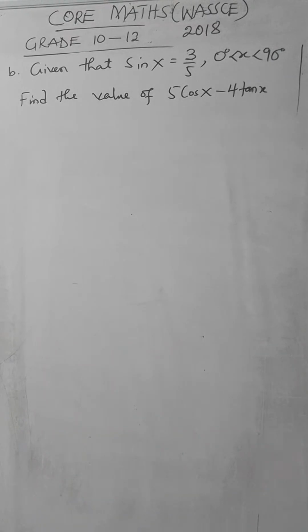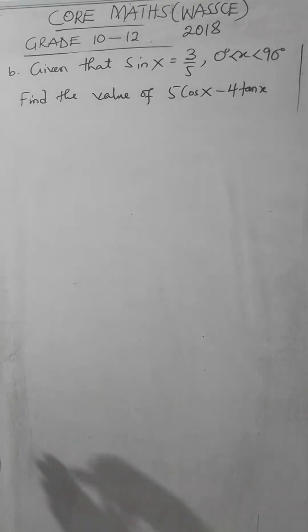Given that sine x equals 3 on 5, where the angle is between 0 and 90, that is right angle, you find the value of 5 cos x minus 4 tan x. Good.